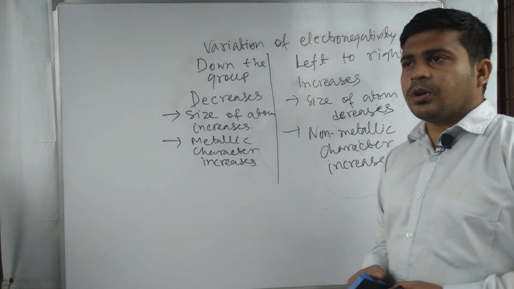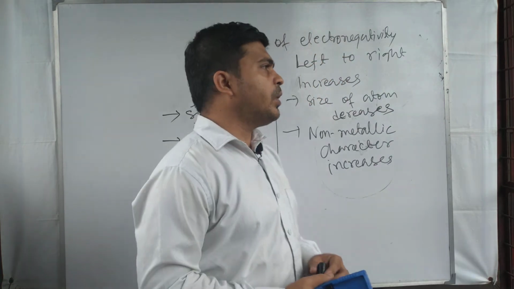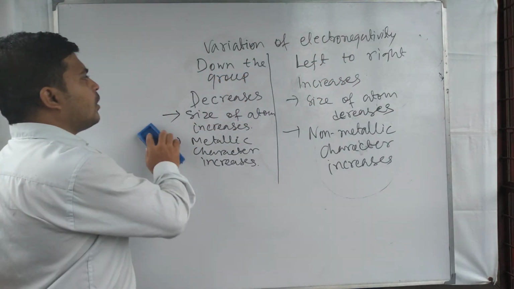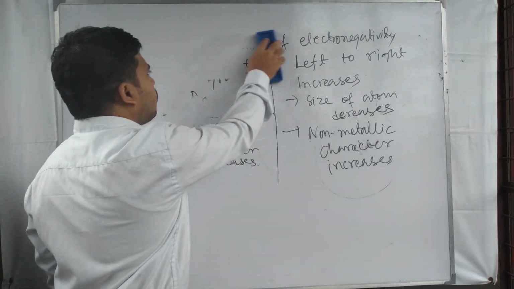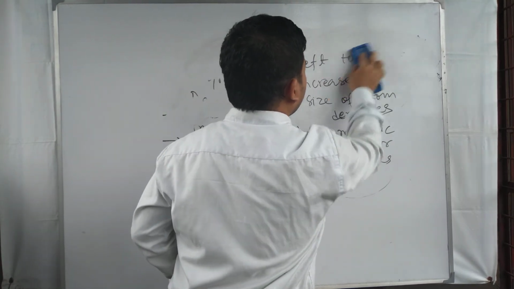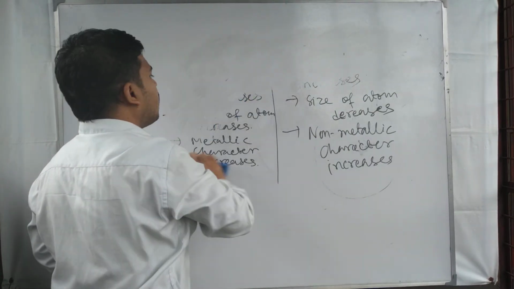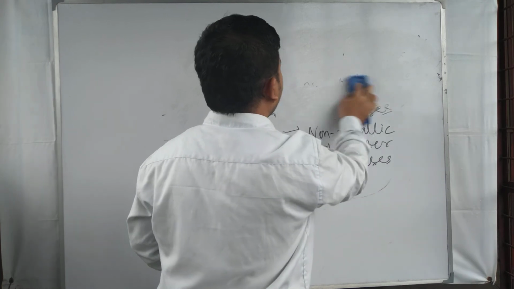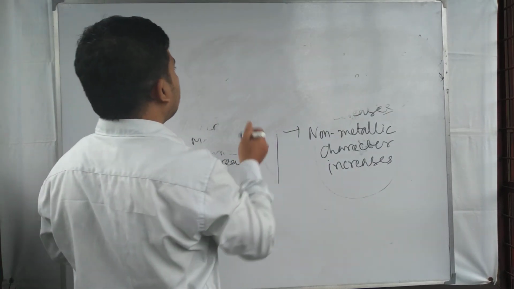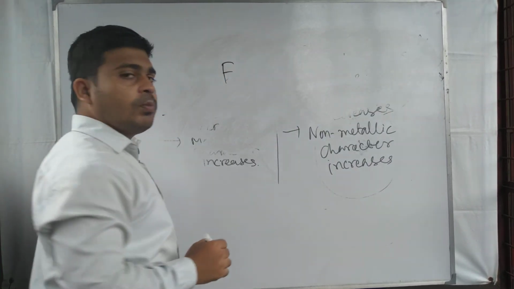So these are the common variations of the electronegativity value left to right and down the group. And you have to know the name of the element which has the highest electronegativity value. It is fluorine.